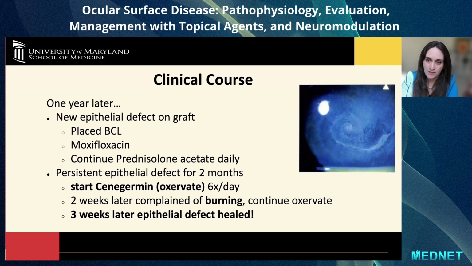I encouraged her to continue the Oxervate because the burning was a good sign. She did, because that usually is an indication that the Oxervate is working. 3 weeks later, she came back in with her epithelial defect healed, and she's been doing well since then.